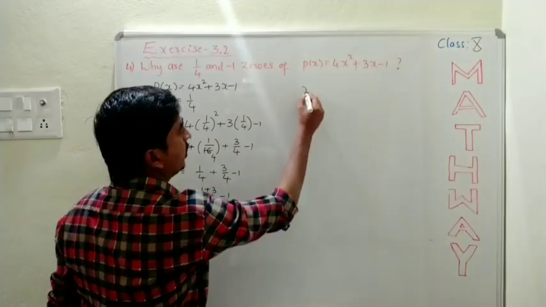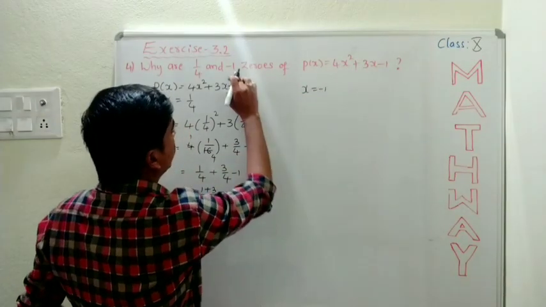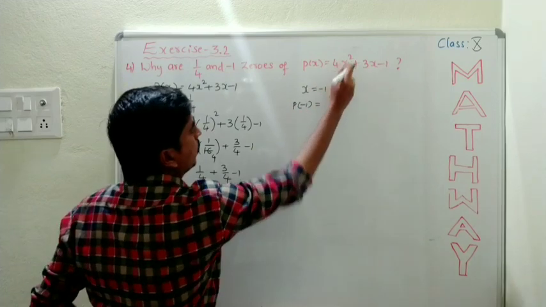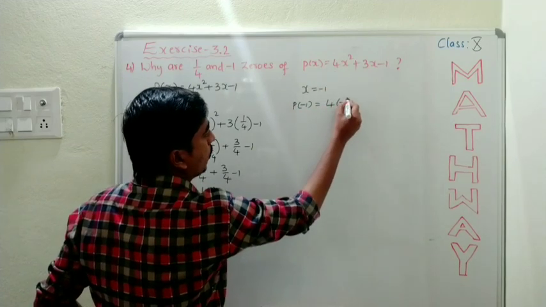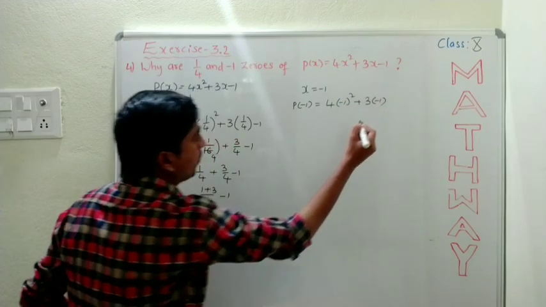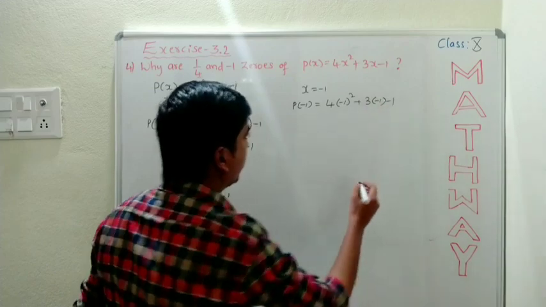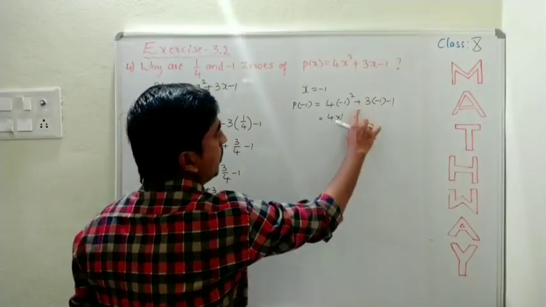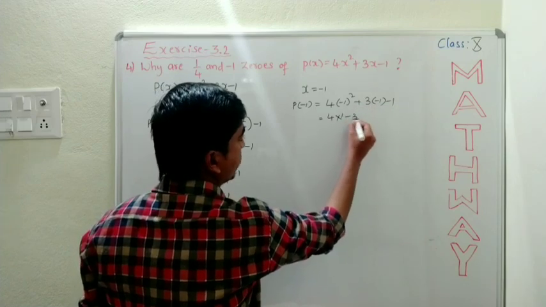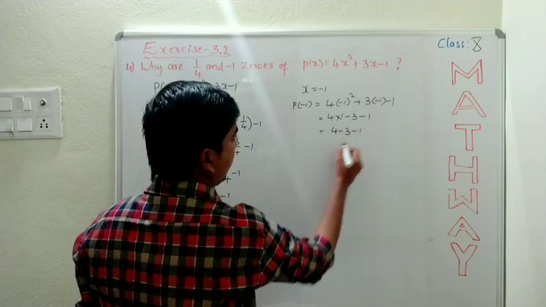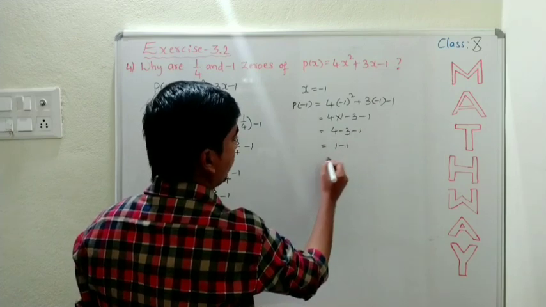Now let's take x equals to minus 1. So substitute in the polynomial. P of minus 1 equals to 4x square, it means 4 of minus 1 square, plus 3x, 3 of minus 1, minus 1. Minus 1 whole square is 1. So 4 into 1 plus 3 into minus 1 minus 1. 4 1s are 4, minus 3, minus 1. 4 minus 3 is 1. 1 minus 1.